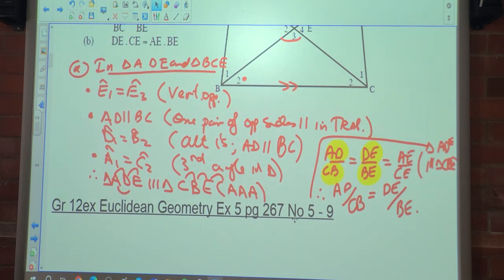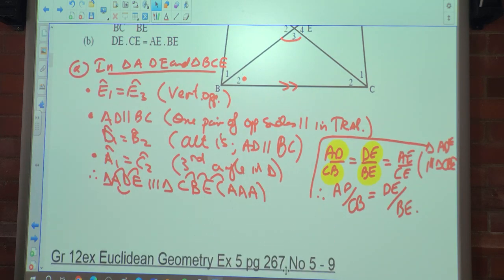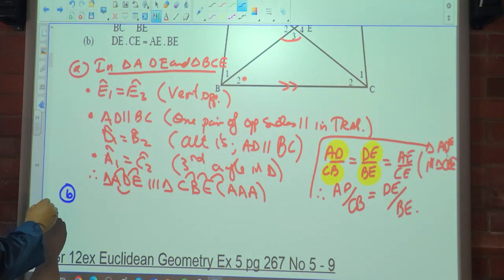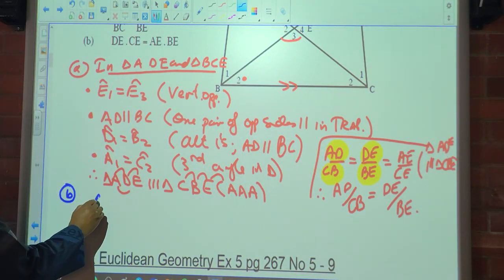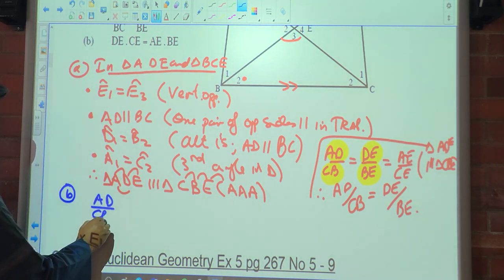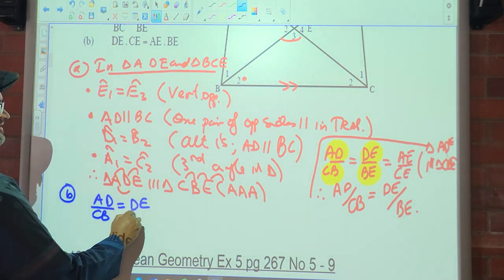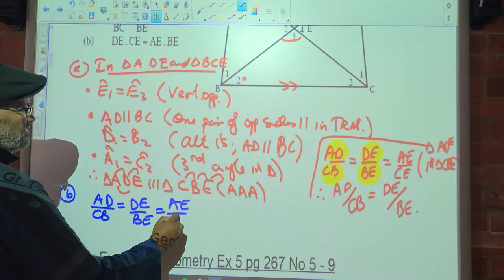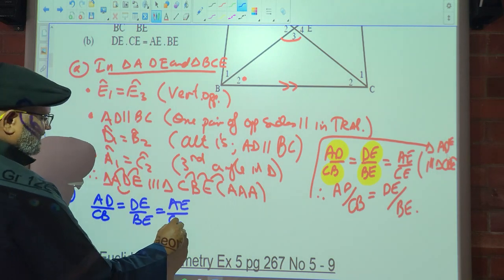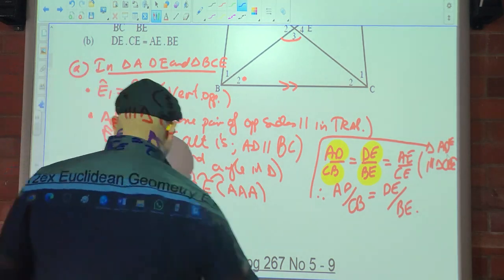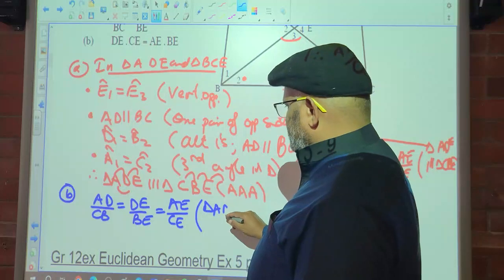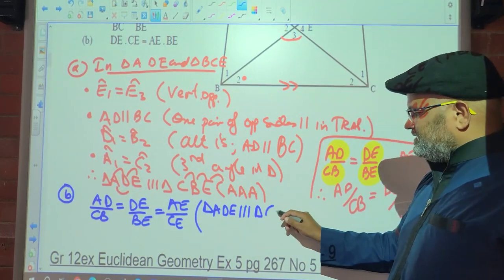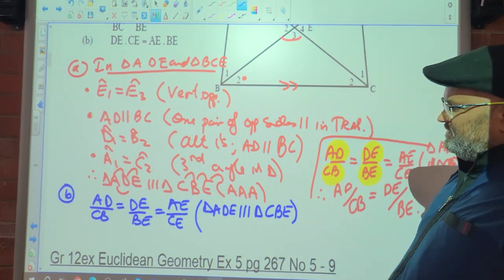Alright, so in B, again we start off with the ratio AD over CB is equal to DE over BE, which is equal to AE over CE. Why? Because triangle ADE is similar to triangle CBE. That was now proven.